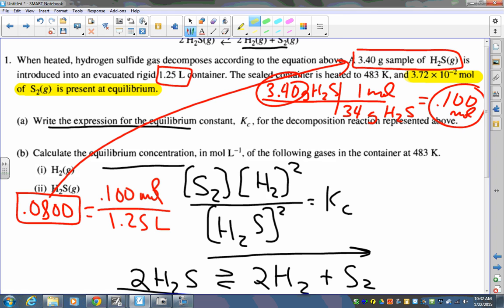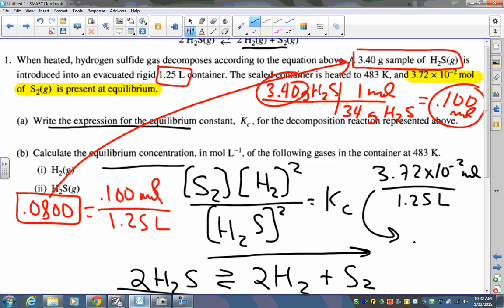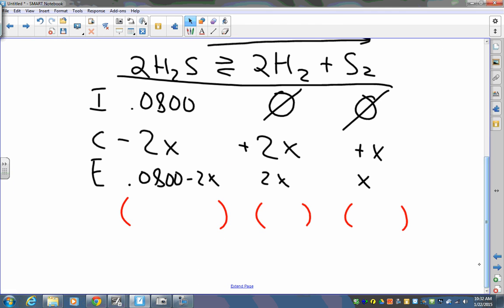I take 3.72 times 10 to the negative second moles divided by 1.25 liters, which will give me a molarity of 0.0298. That's my molarity. So when I come down here, they're giving me this value, 0.0298, which represents x.